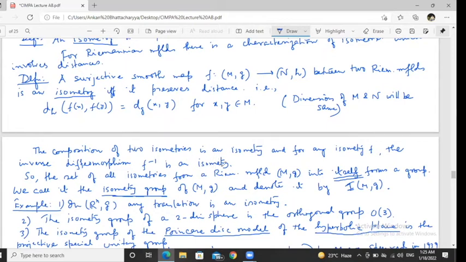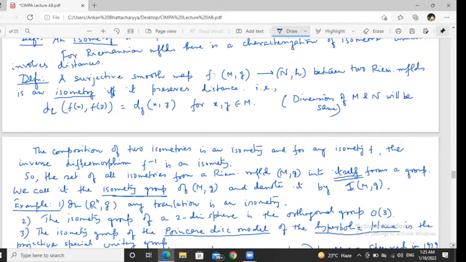The composition of two isometries is an isometry, and the inverse is also an isometry. So the set of all isometries from a Riemannian manifold (M, g) into itself, now it is M to M, forms a group. We call it the isometry group of (M, g), denoted by I(M, g). So I(M, g) is the set of all isometries from M to M.